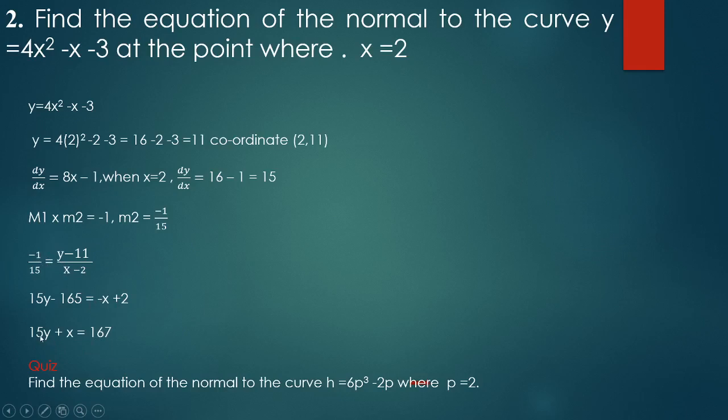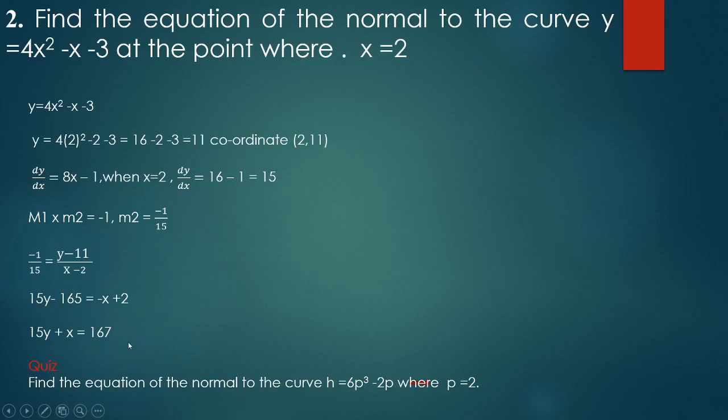If we take 165 to the other side, it becomes positive, plus 2, it will be 167, and we take x to the other side, so we shall have 15y plus x equals 167.